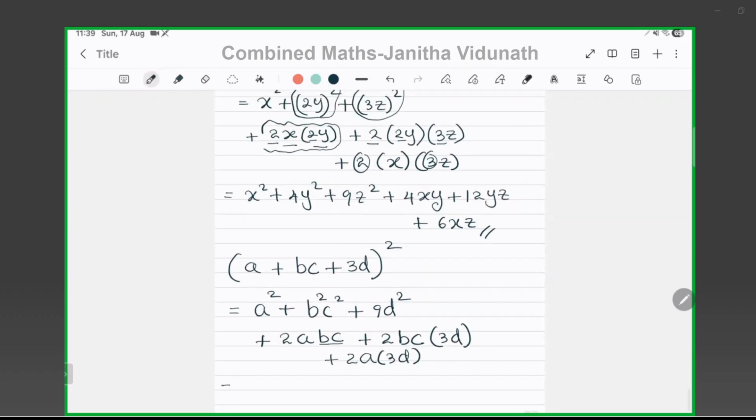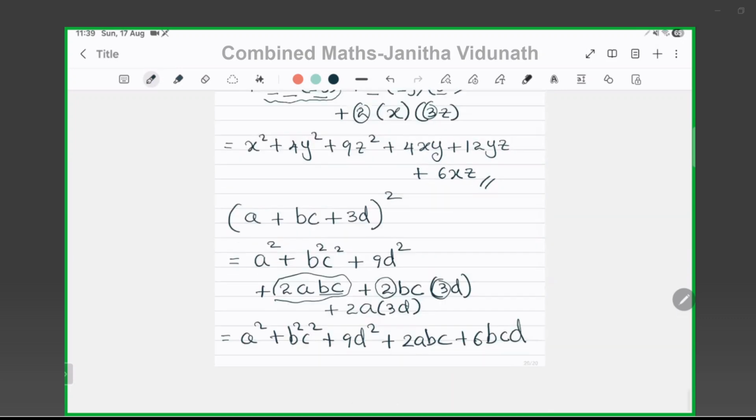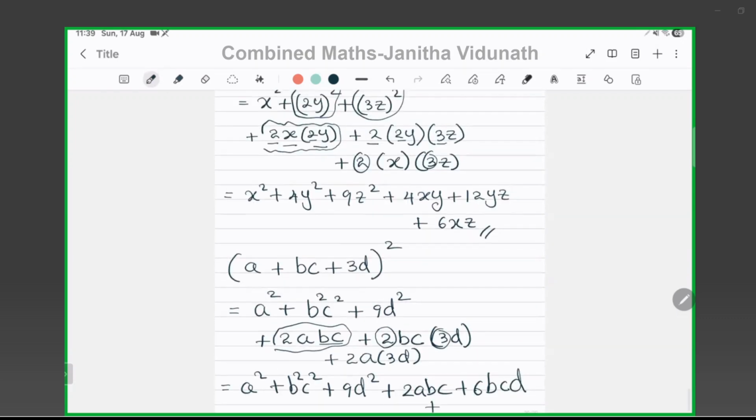Then finally we have a squared plus b squared c squared plus 9d squared plus here we get 2abc. Here we get 2 times 3 is 6, 6bcd, and we get the final term as 2 times 3 is 6ad.